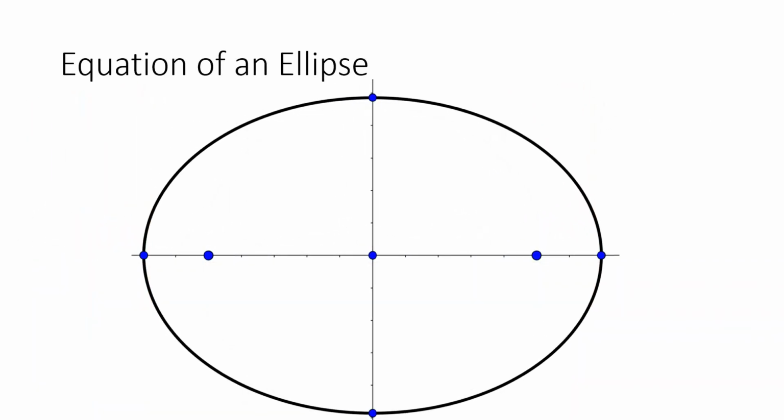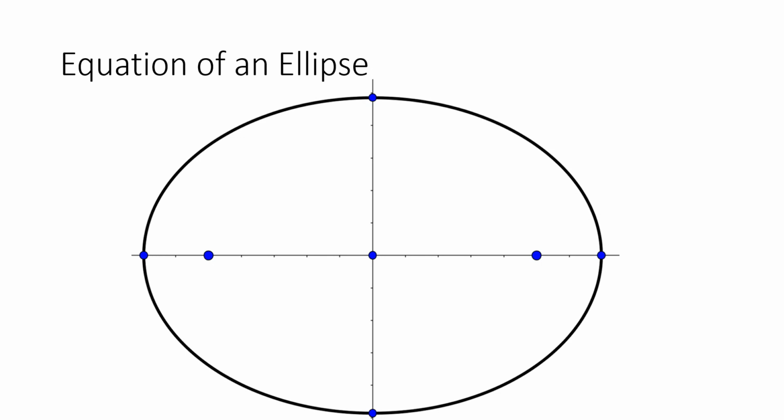Now, how are we going to write the equation of an ellipse? Let's say we have this horizontal ellipse. Horizontal meaning the major axis is a horizontal line.